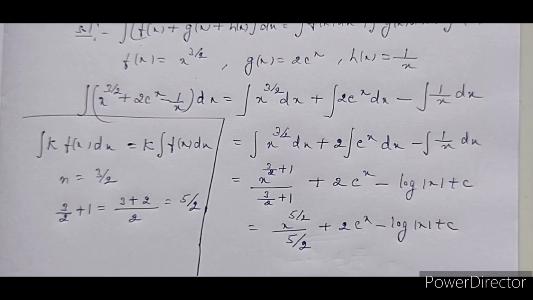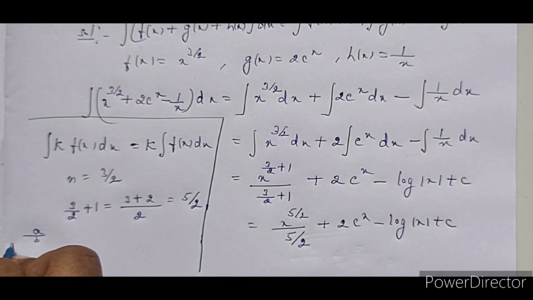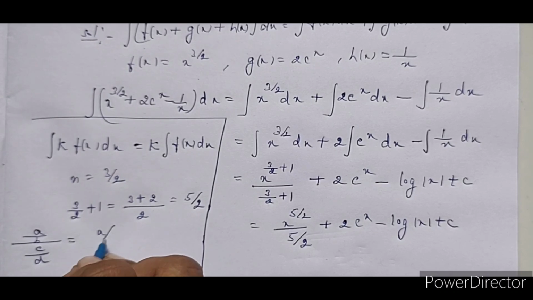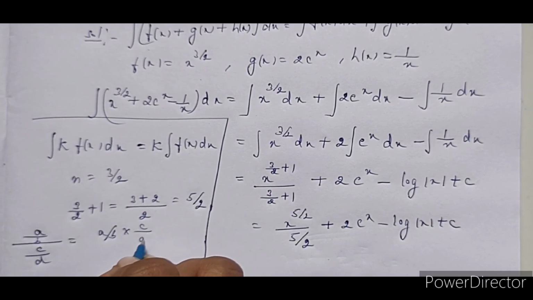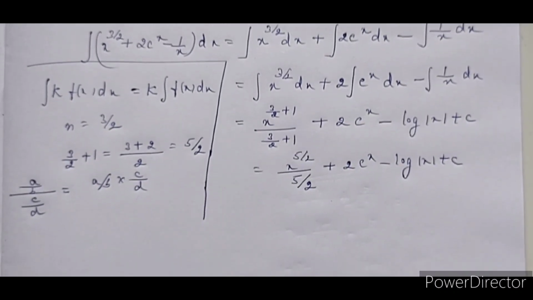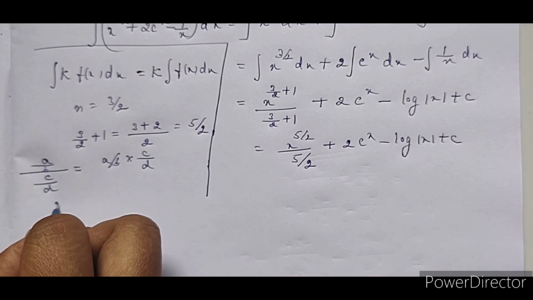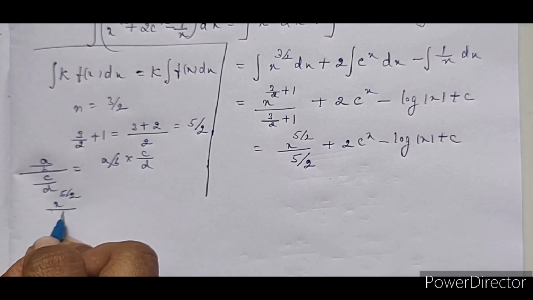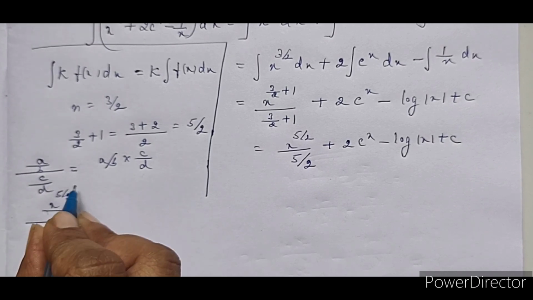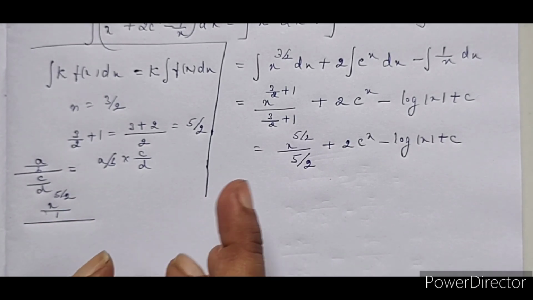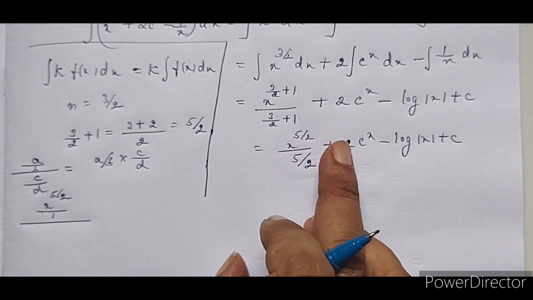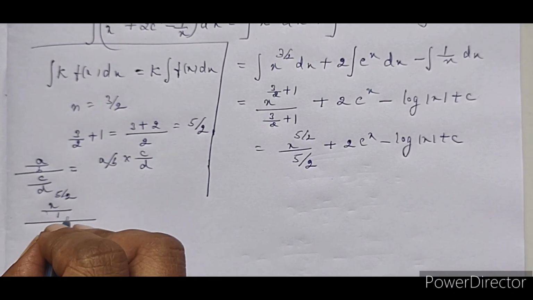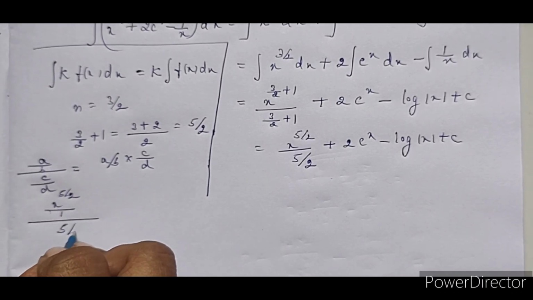So we know that a by b divided by c by d can be written as a by b into d by c. Here x to the power of 5 by 2 can be written as x to the power of 5 by 2 divided by 1, which is nothing but x to the power of 5 by 2 itself. So I can write it as x to the power of 5 by 2 divided by 1 divided by 5 by 2.